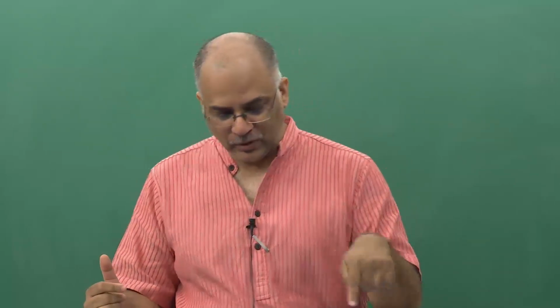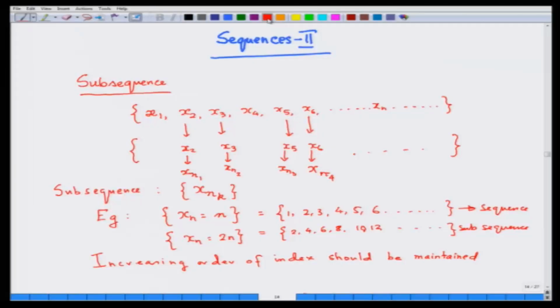So, suppose you take a sequence x1, x2, x3, x4, x5, x6. I hope I am maintaining 1, 2, 3, 4, 5, 6 correctly, and then suppose I want to just construct a new sequence out of this sequence. So, what I would do, say for example, I choose x2, then I choose x3.